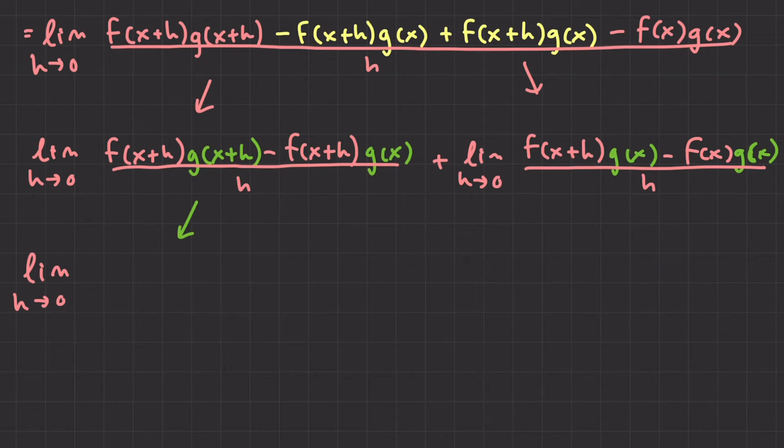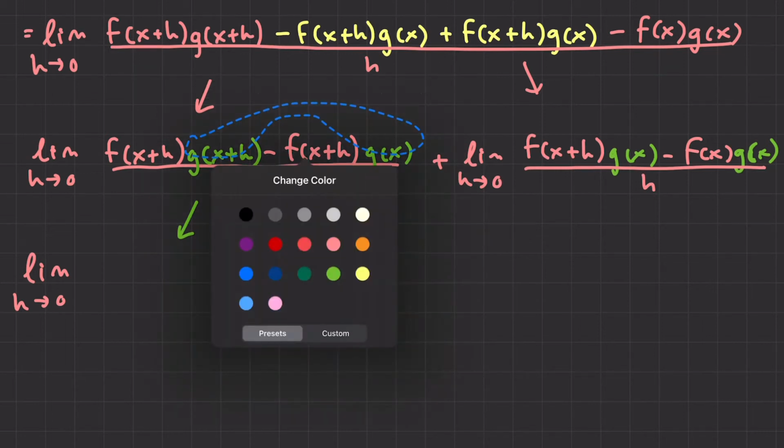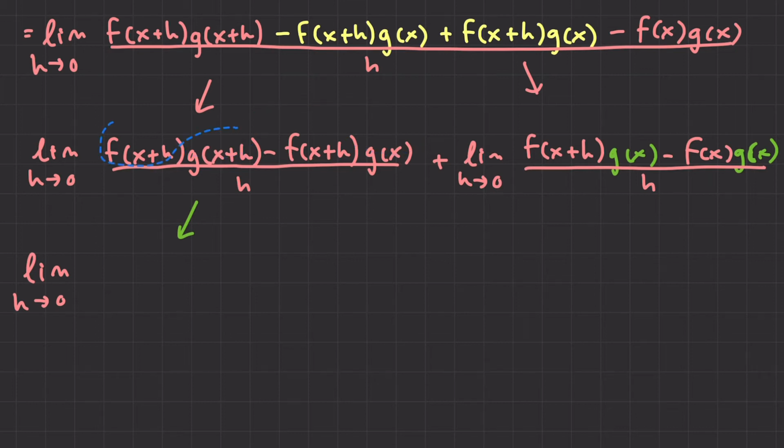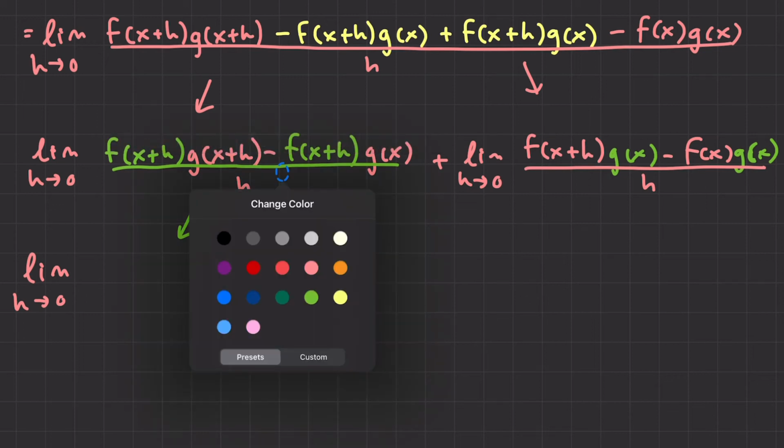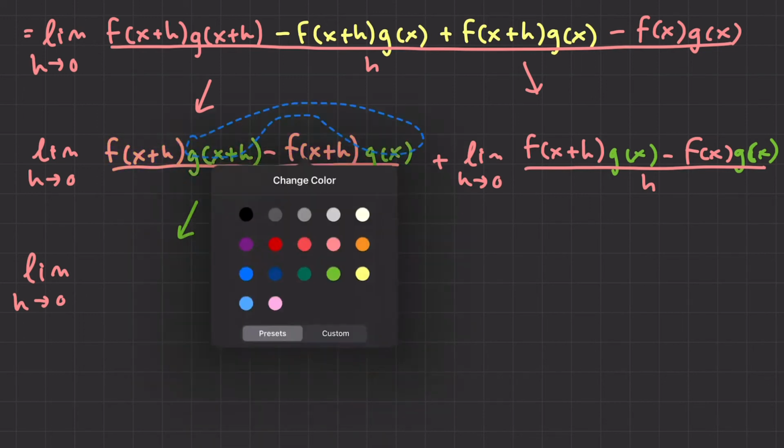I chose the wrong thing to color. Pardon me. Okay, so this should actually be pink, and it's the f of x plus h. That's what we're factoring. You can tell that I'm doing this in one take. Change that color back to pink. There we go. Okay, beautiful.